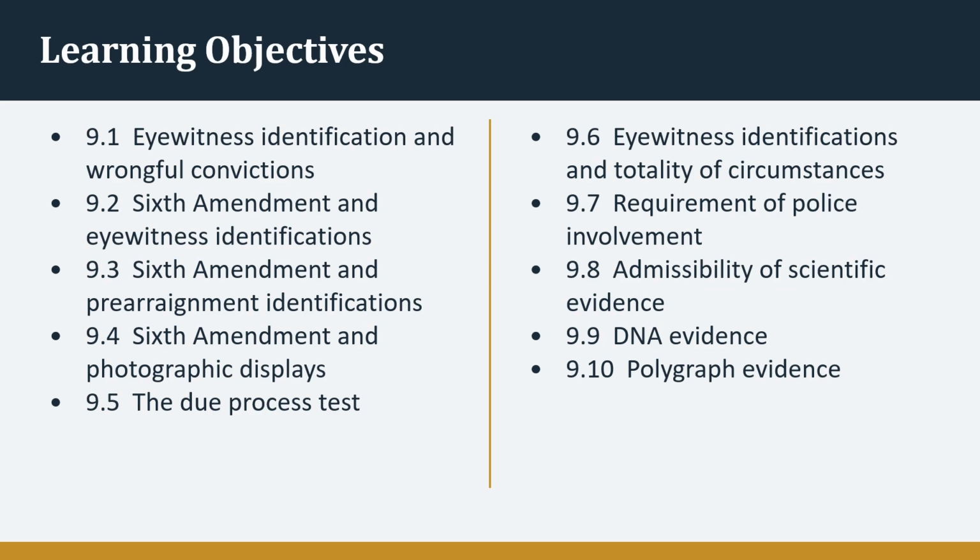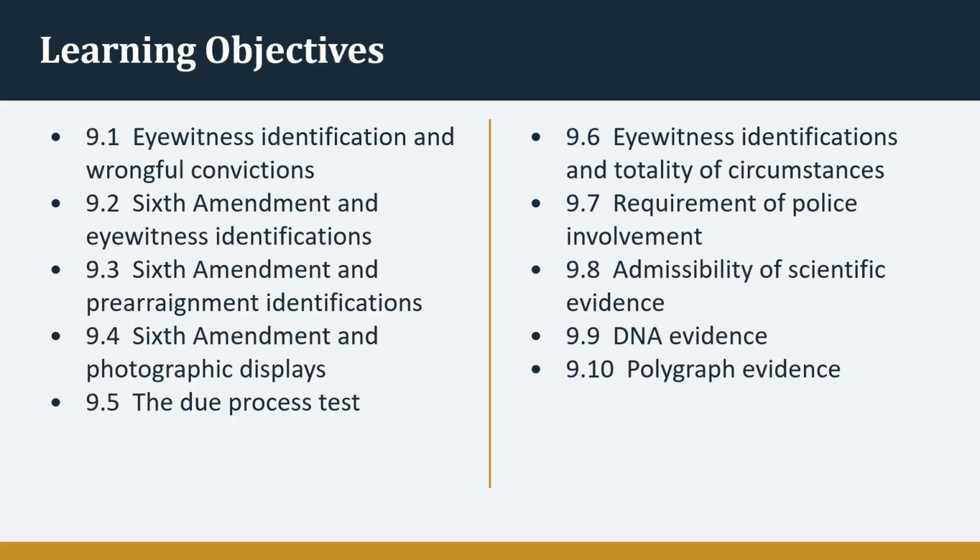Objectives 9.2, 9.3, and 9.4 are all about the Sixth Amendment right to counsel. The core question is, when does a criminal defendant have the constitutional right to have their lawyer present during an identification procedure? The answer is more limited than you might expect, and it turns significantly on timing, specifically whether formal criminal proceedings have already begun.